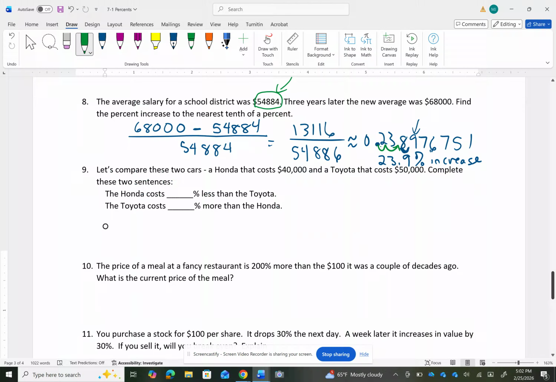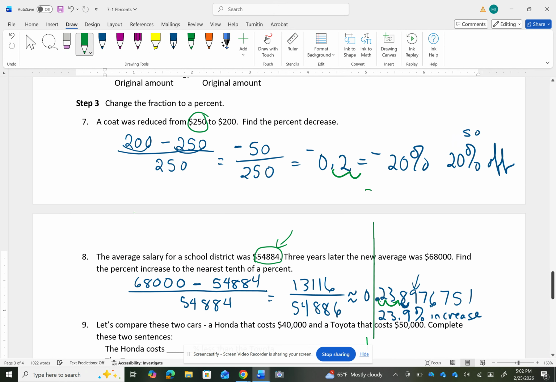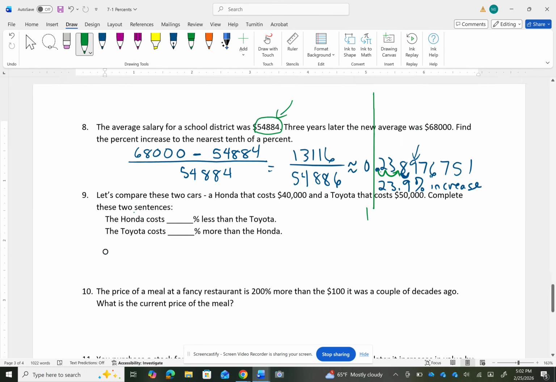So if I've got that a Honda is 40,000 and a Toyota is 50,000, let me get that information down here. A Honda was 40,000. A Toyota is 50,000.